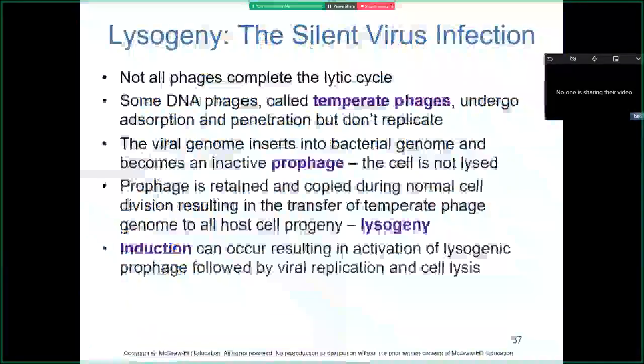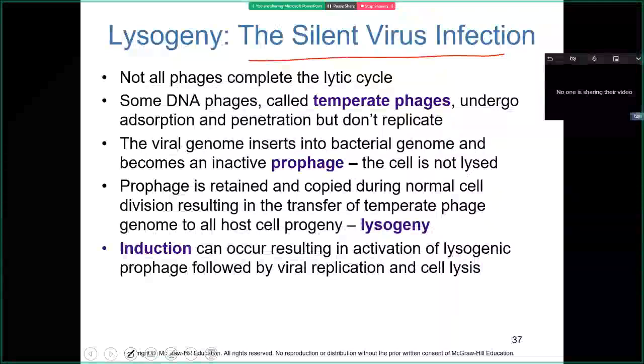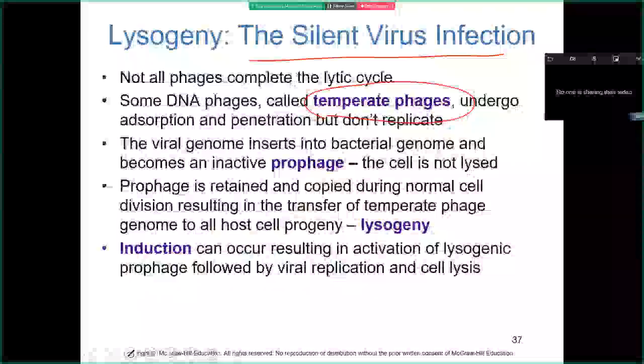Yeah, so here's lysogeny again. And so we can think of this, as it says here, as a silent type of virus infection of bacteriophages. The forms that carry out lysogeny are known as the temperate phages. Temperate means even-tempered.